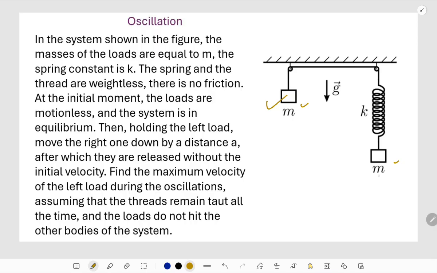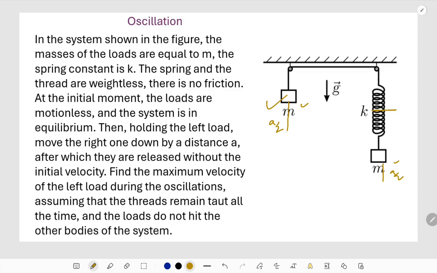The problem is equivalent to a situation when the middle of the spring was at rest and it was given a displacement a by 2.